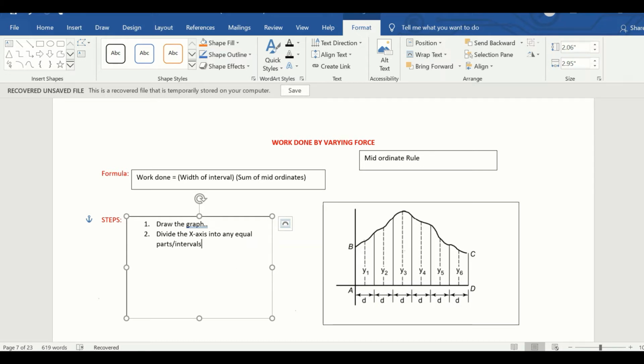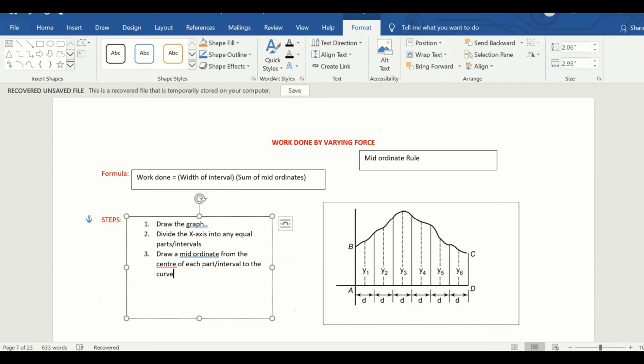Step 3 is that we draw a mid-ordinate from the center of each part or interval to the curve.